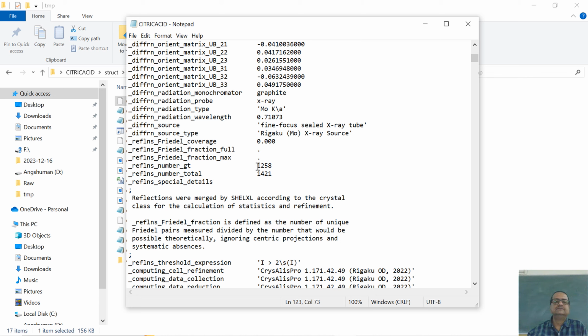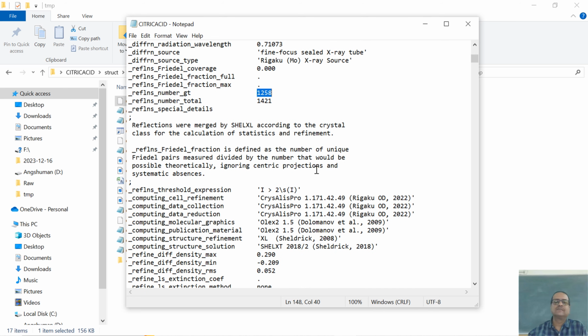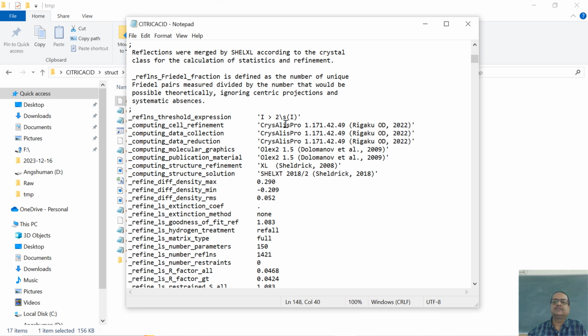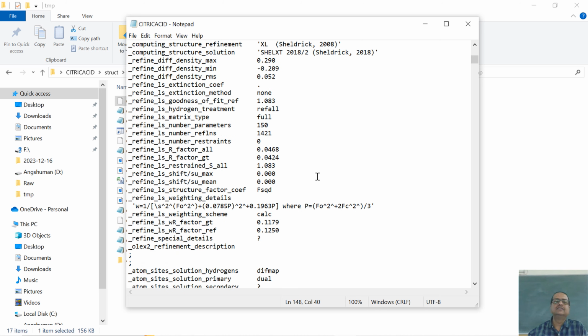And this is the total number of unique reflections, 1421, among which 1258 reflections are more than the 3 sigma cutoff. Then it talks about what software you have used for your data collection, data reduction and so on.